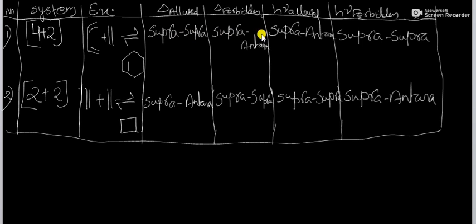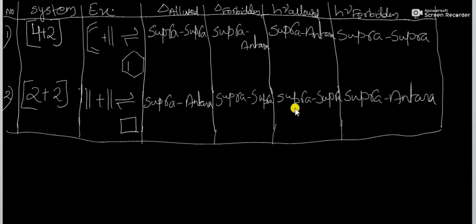We know that photochemically allowed addition is supra-antara addition, but antara addition is geometrically forbidden. So 4 plus 2 cycloaddition reaction takes place only in the presence of heat, and 2 plus 2 cycloaddition reaction takes place only in the presence of light.